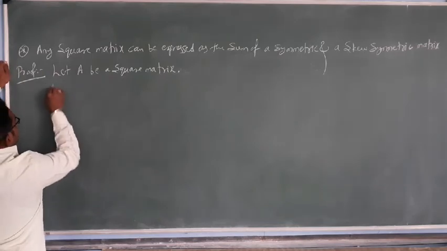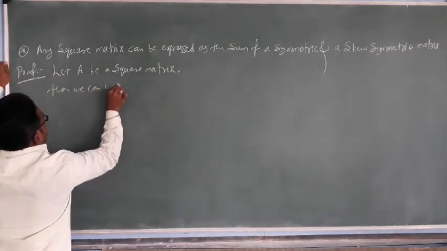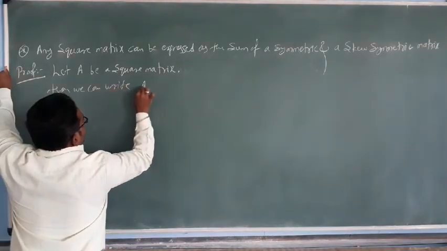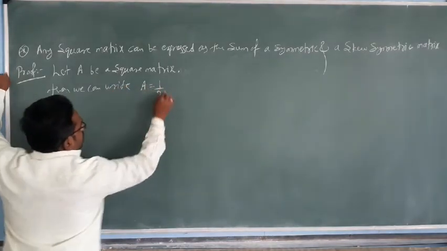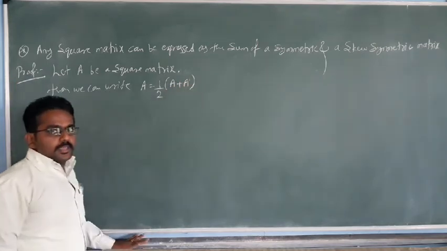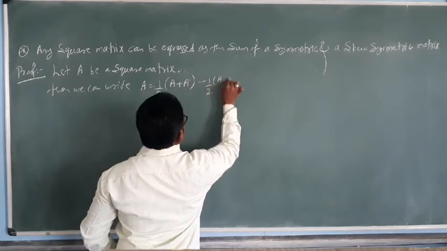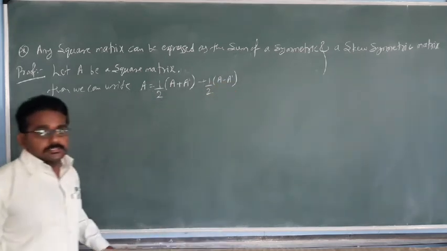Then we can write A equals 1 by 2 into (A plus A dash) plus 1 by 2 into (A minus A dash).